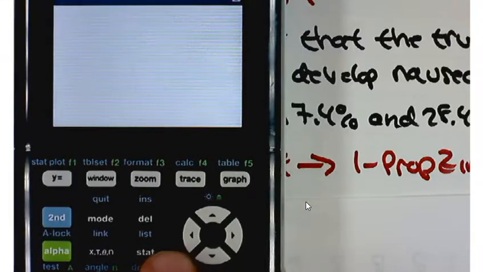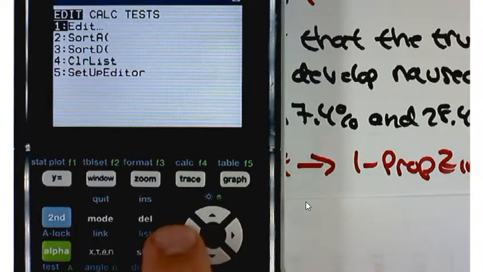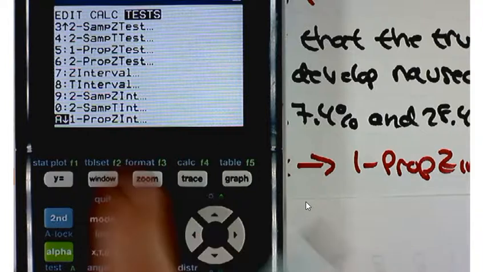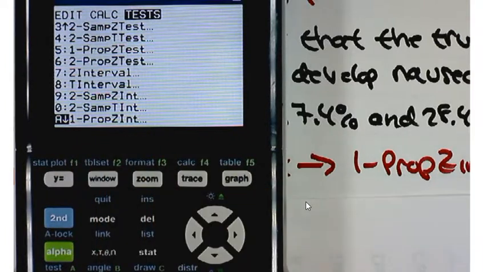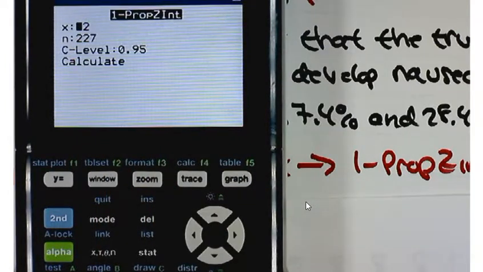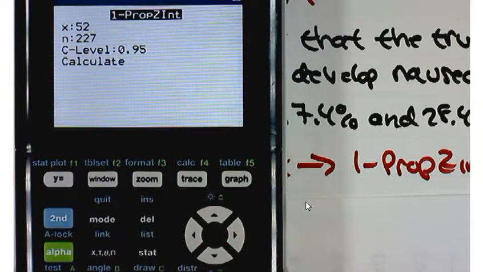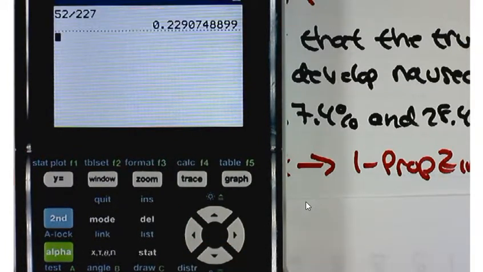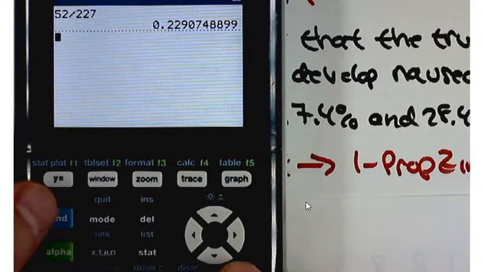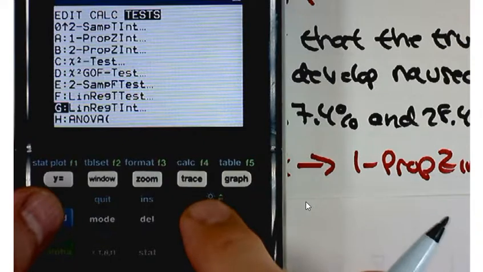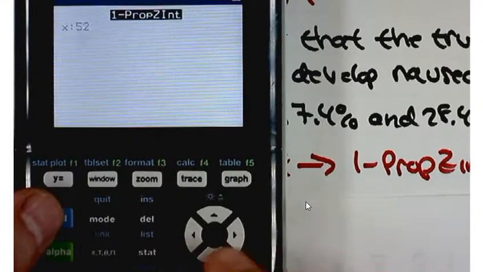So we'll start by pressing stat, and then over to test, and then down to one proportion Z interval. And it's just menu driven from there. We want a 95% interval. Scroll down to calculate, and it's got it for you. Oops, I guess I blew by it too fast. One proportion Z interval. There we go.